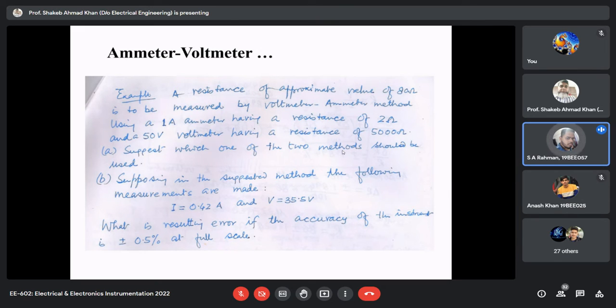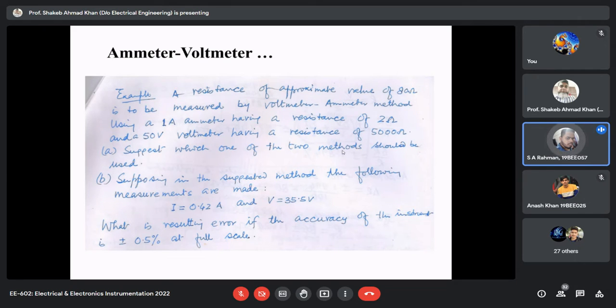Sir, please repeat the question. It is written here. You read it. A part I am asking. Sir, in the question, the voltmeter ammeter method is mentioned.